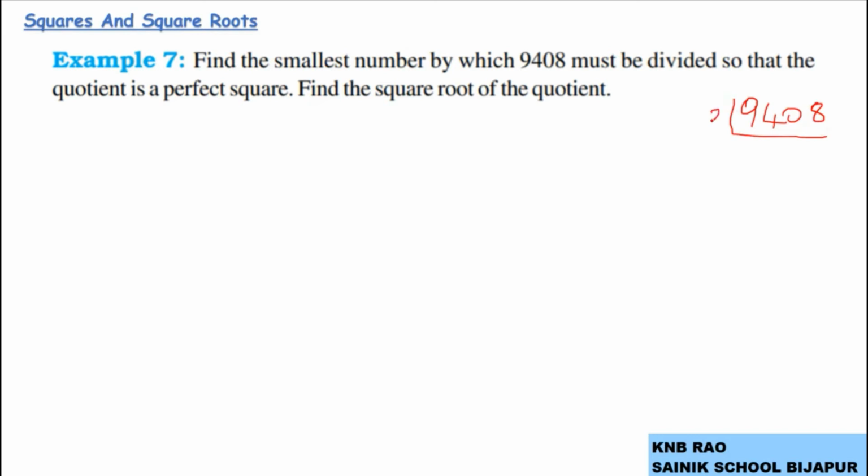Then when we do the prime factorization, 2 4s are 8, 1 carry, 2 7s are 14, 2 zeros are 0 and 2 4s are 8. Next 2 2s are 4, 2 3s are 6, 2 5s are 10, 2 2s are 4, 2 1s are 2, 2 7s are 14, 2 6s are 12.